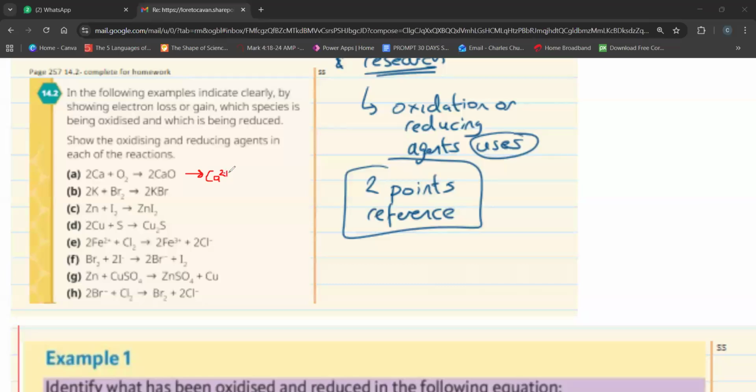Yes, sir. Because it lost 2 electrons to oxygen, which gained 2 electrons. That's 2 minus, right? Yes, sir. So I think this agrees with our definition.